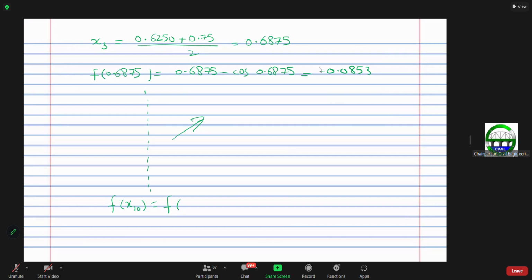Your x10 will be equal to 0.73877, kind of this one. And then if you find f of this value, your value will be 0.00052. Okay, so this one will be your answer.